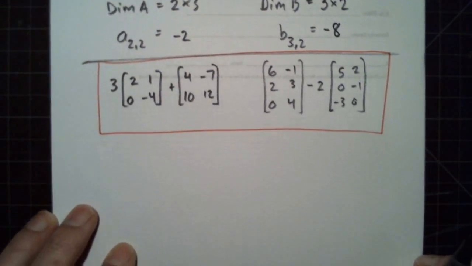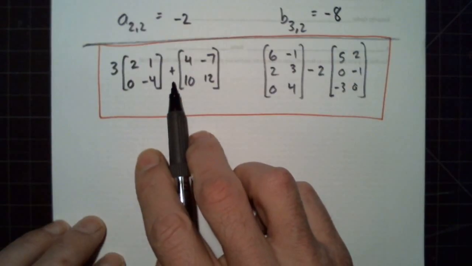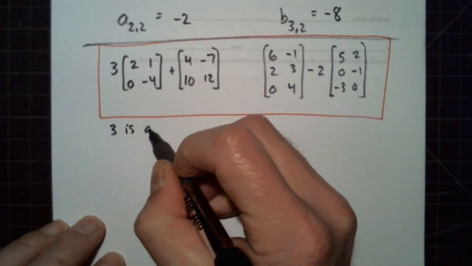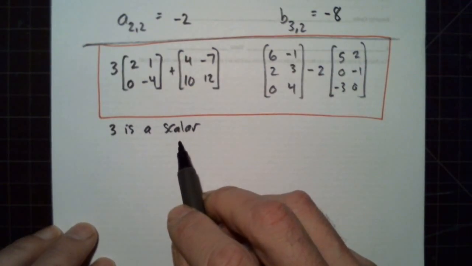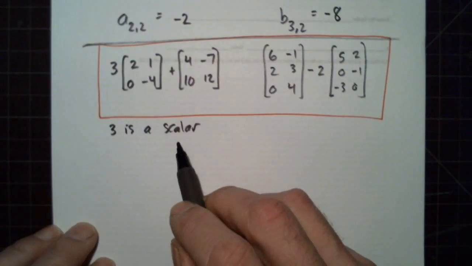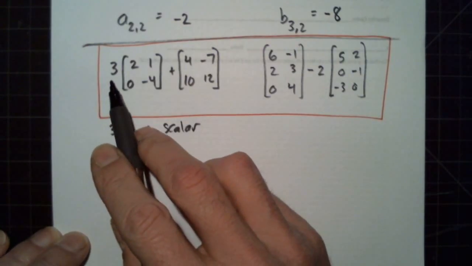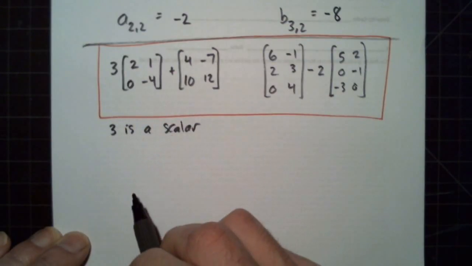Alright, and here we're going to use scalar multiplication and matrix addition. So 3 is a scalar. That's what we call numbers that are not a matrix or a vector. So when we multiply the matrix by 3, we just make sure we multiply each element by 3.